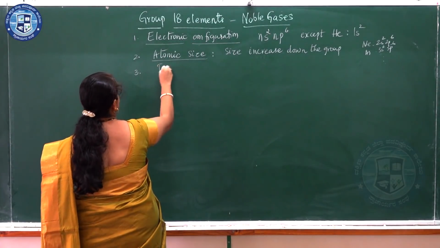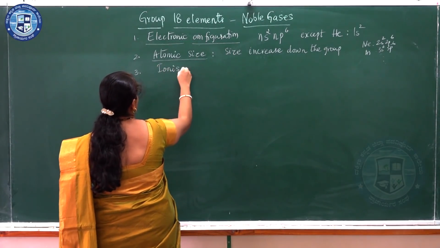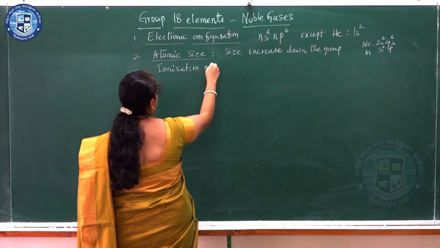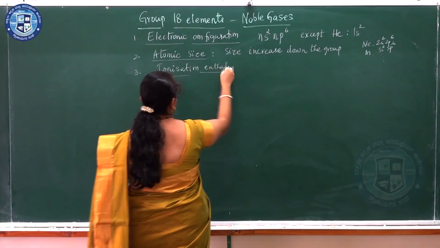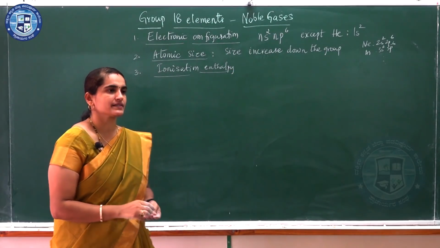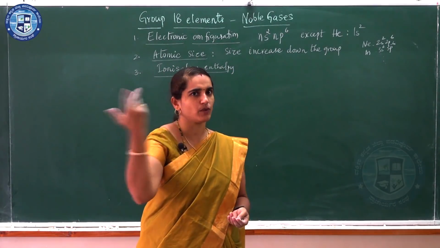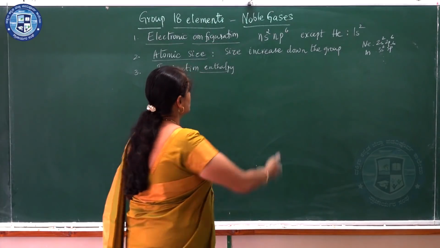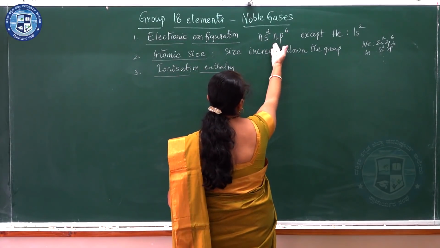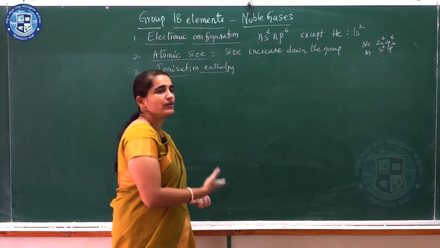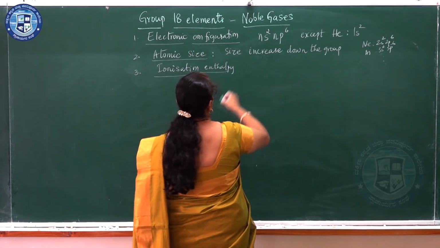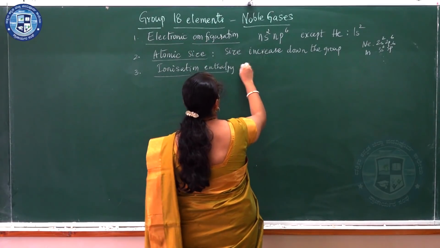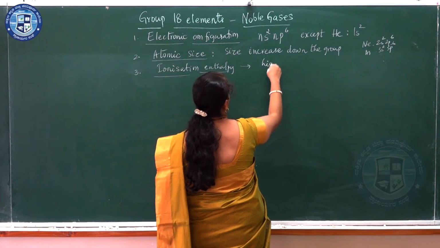Next one, ionization enthalpy or ionization energy. You know that ionization energy is nothing but the energy required to remove an electron. Since they have completely filled shells, removing an electron from this stable configuration is very, very difficult and hence the values of ionization energies are all high.